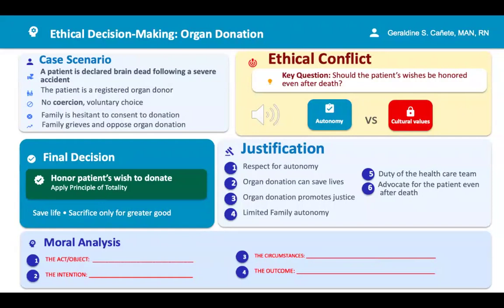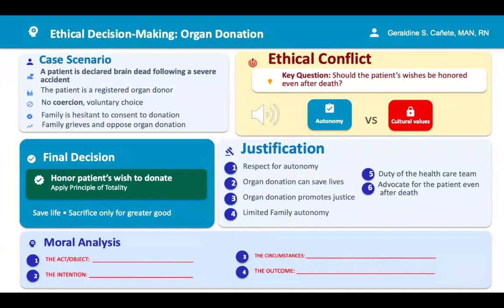But of course, there can be objections. Here are some common objections. The family is too distraught to make a rational decision. We can respond by providing compassionate support and counseling, but not letting temporary distress invalidate the patient's prior wishes.